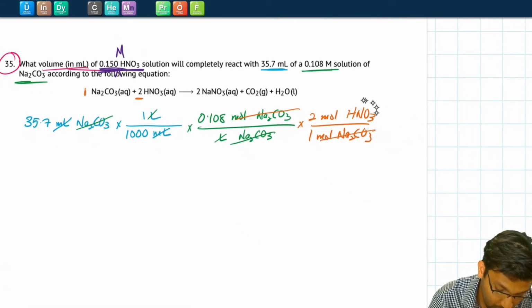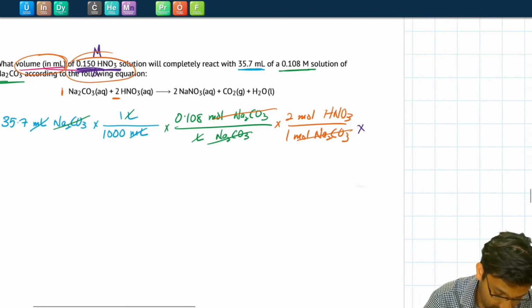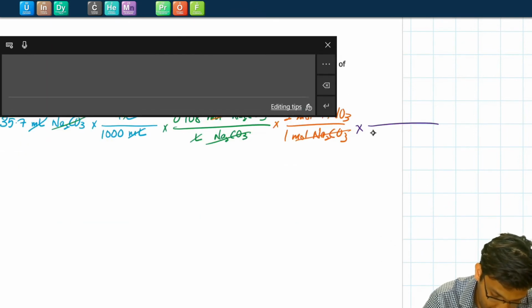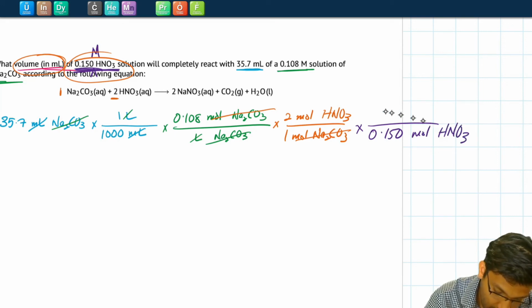We can convert from moles of nitric acid to volume of nitric acid using the concentration. And so to do that, we divide by the concentration, right? So it's 0.150 moles of nitric acid per liter of nitric acid. That's HNO3.